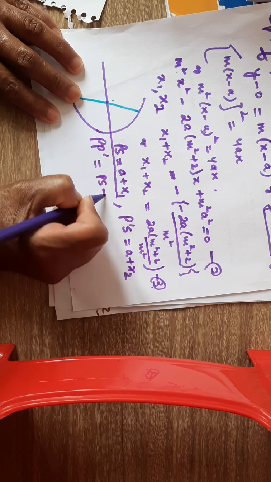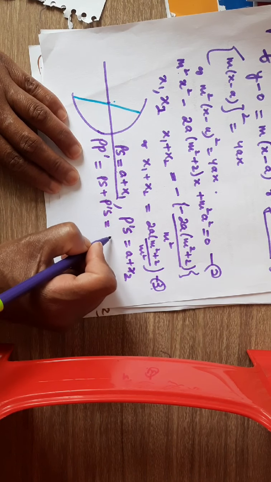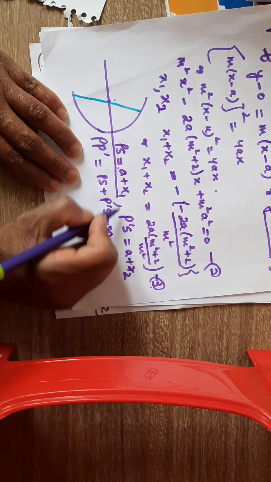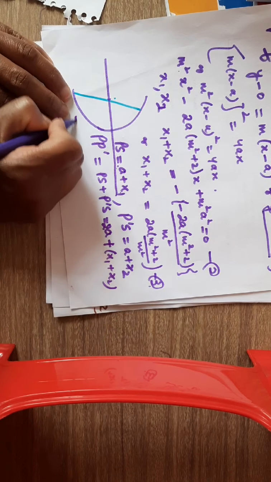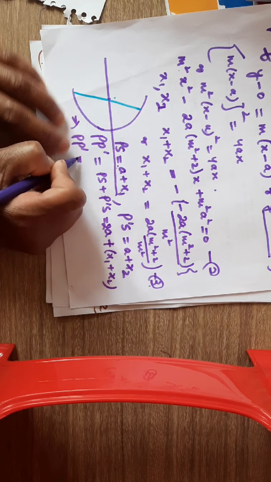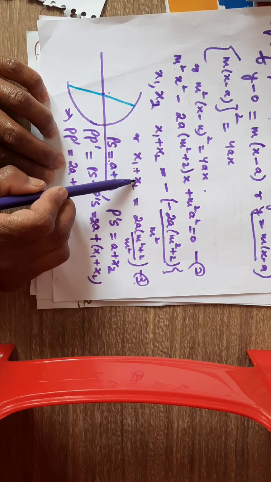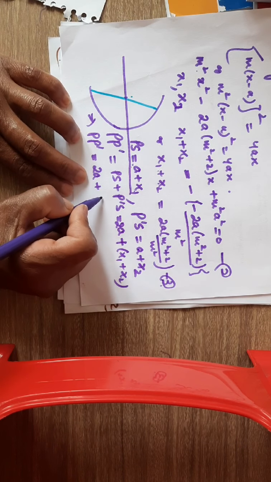It will be PS plus P'S, and this is equal to 2a plus x1 plus x2. So you'll get PP' equal to 2a plus, now replace the value of x1 plus x2 from equation 3.